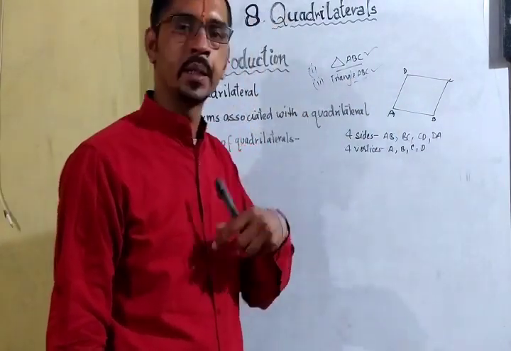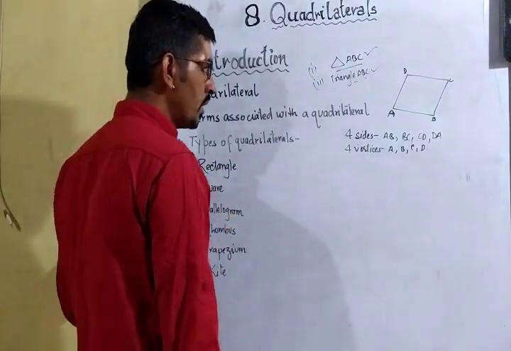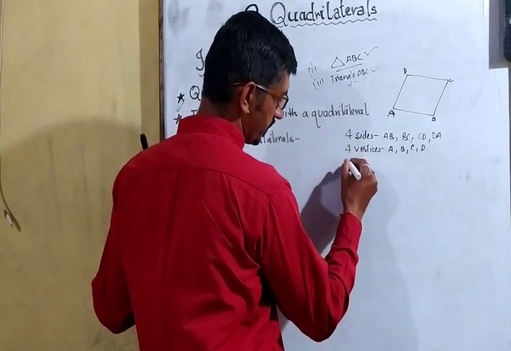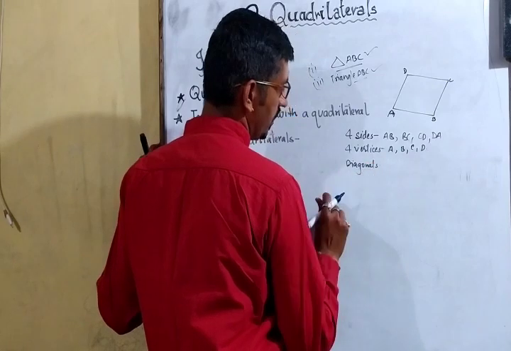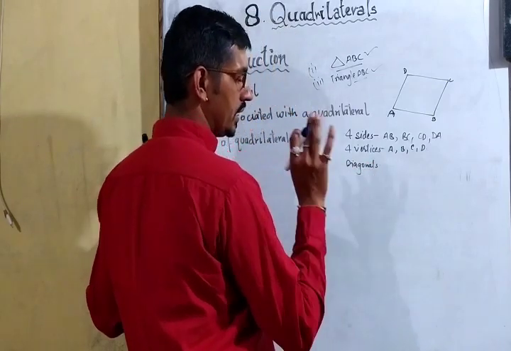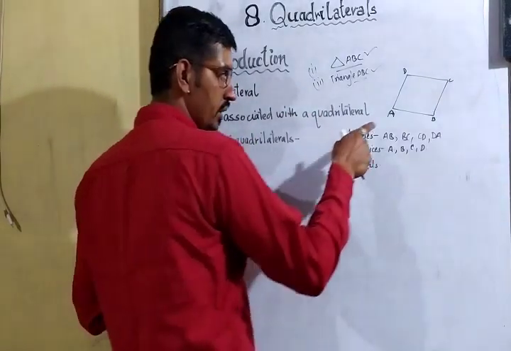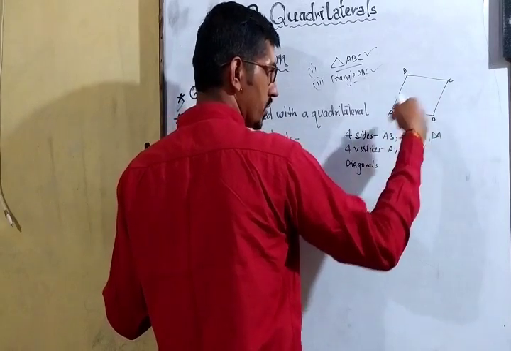Now another important term. और कौन कौन सी टर्म है? One more term, side done. What is it? Diagonal. Now what is a diagonal?